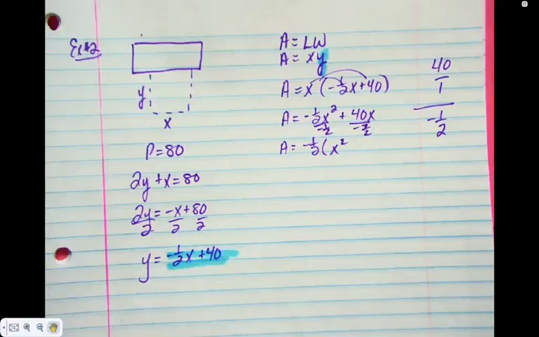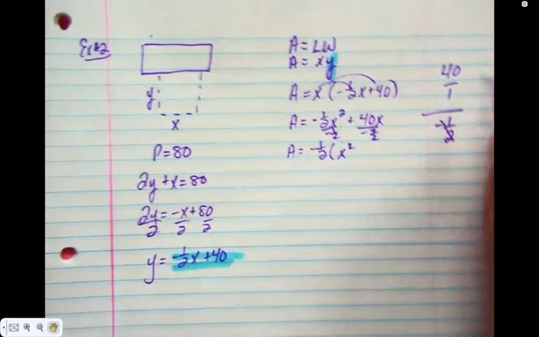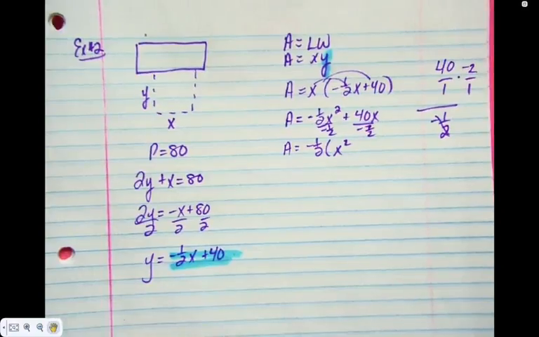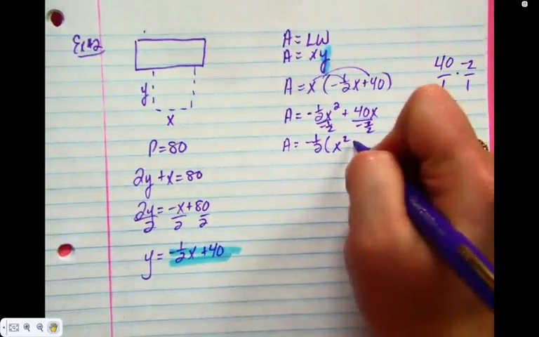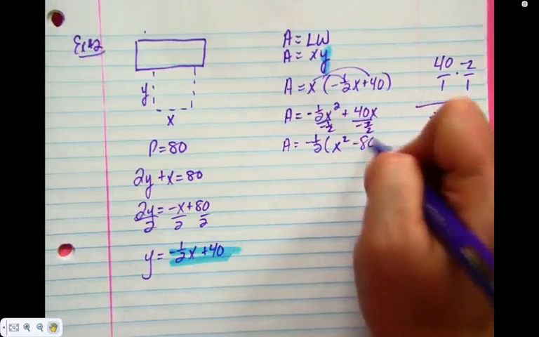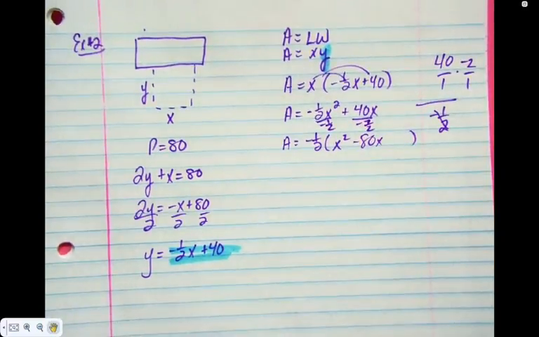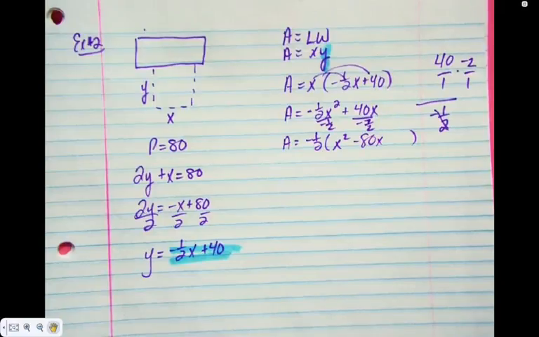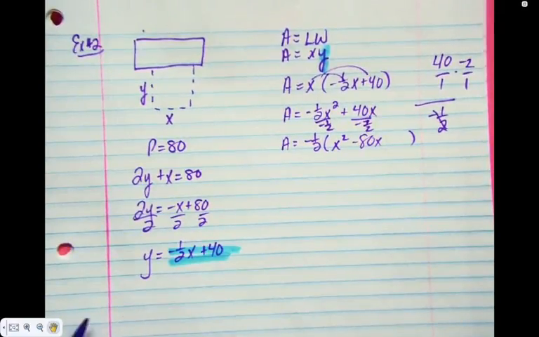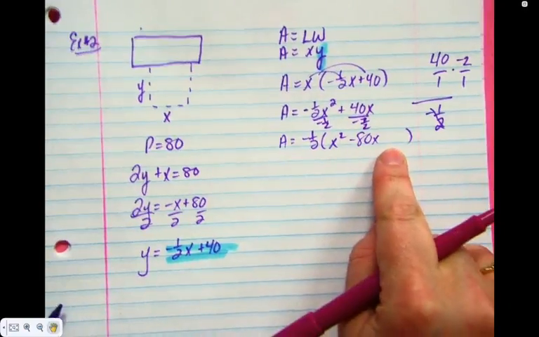Multiply by the reciprocal. 40 times negative 2. Negative 80x. If you don't believe me, check it on your calculator. Dividing by a half is the same as multiplying by 2. Okay, what number goes in the blank?